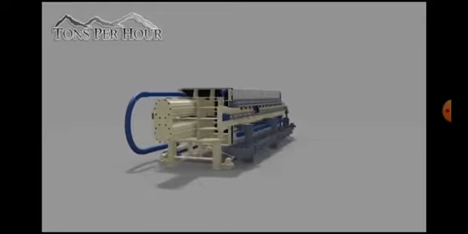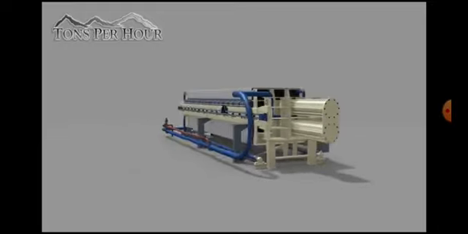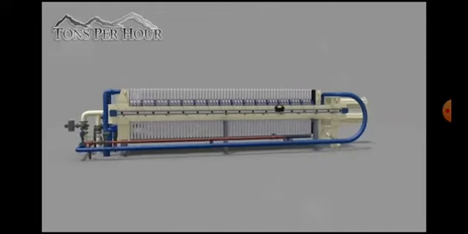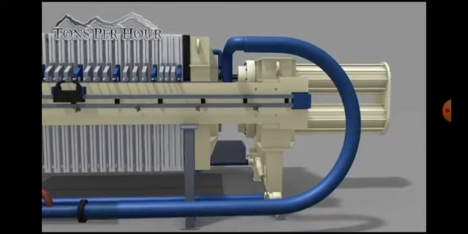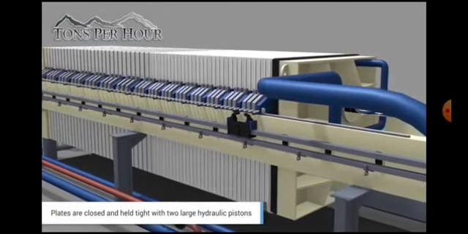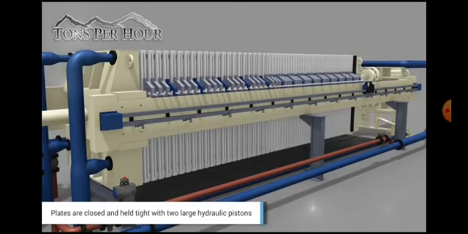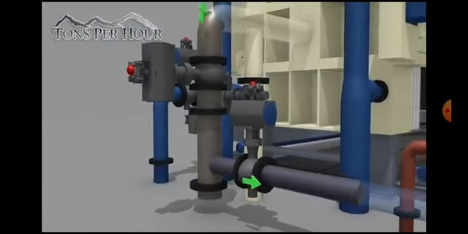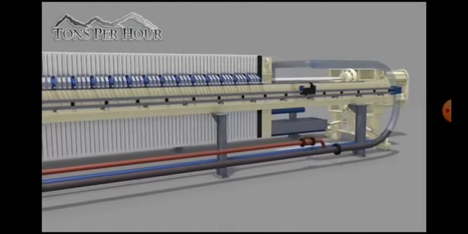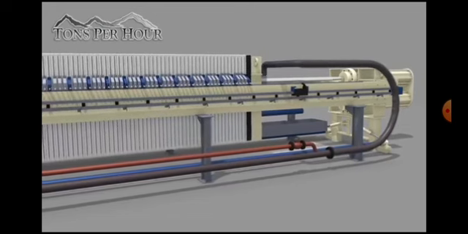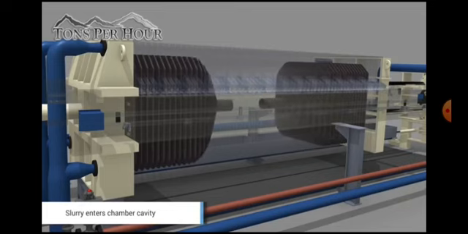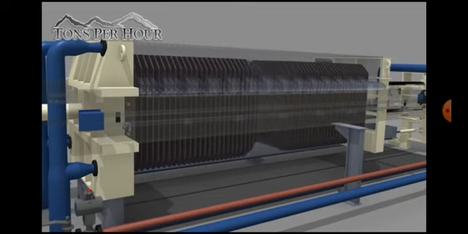You can see this device, a complete diagram. It is a network of plates and frames, as you can see here. These plates are closed and held tightly with a large hydraulic piston like this. This is how the liquid is allowed to flow through this pipe work. The slurry is allowed to flow, and this is how the slurry enters the chamber cavity.